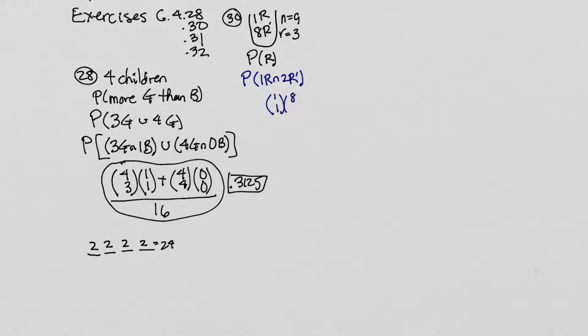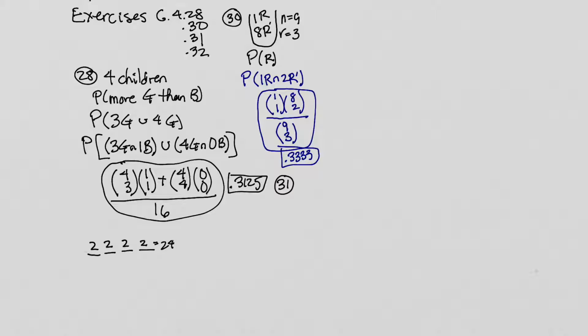Out of 8 non-rottens, we want 2 of those. It's a probability, so we have a denominator, which is all the possible things that could happen. Out of 9 tomatoes, we're going to choose 3 of them. And again, when I computed this one, I got 0.3333 to 4 decimal places.